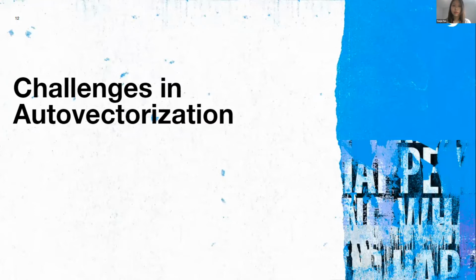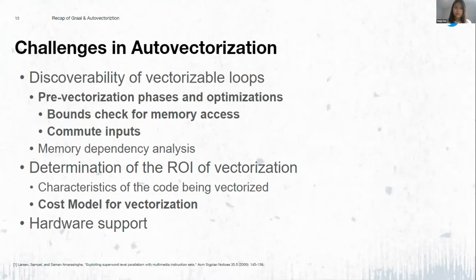Okay, in the next section, I'm going to discuss the challenges in autovectorization. First is the discoverability of vectorizable loops. Some of the pre-vectorization phases or optimizations may have side effects that prevent autovectorization from using those regions of interest.